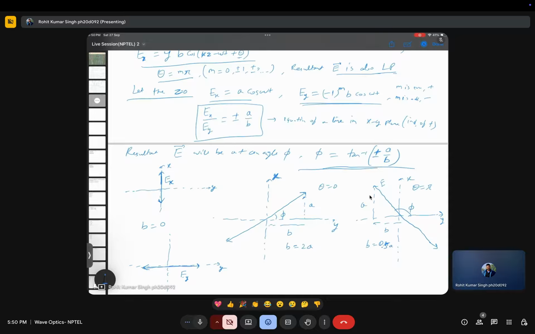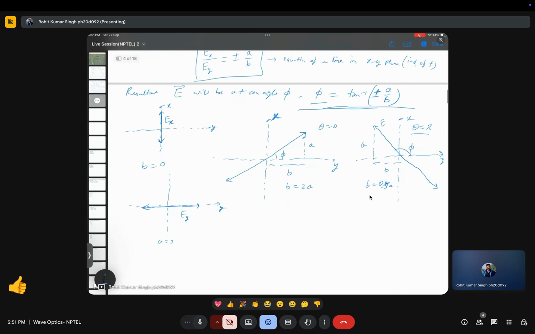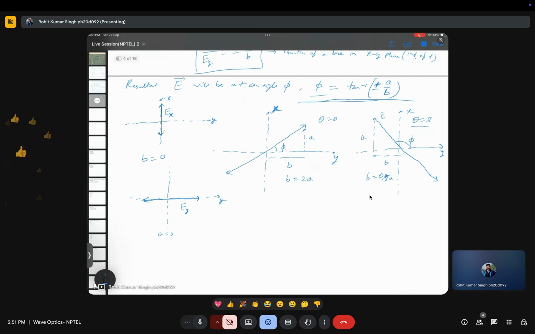So the plus minus sign depends on the theta, and this phi angle depends on the ratio of A by B. Understand? Okay. Now, yeah, this is fine.